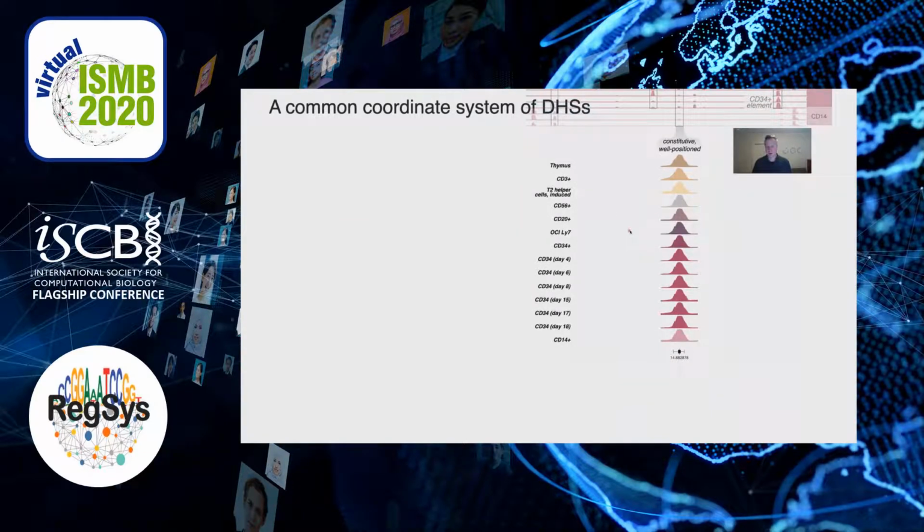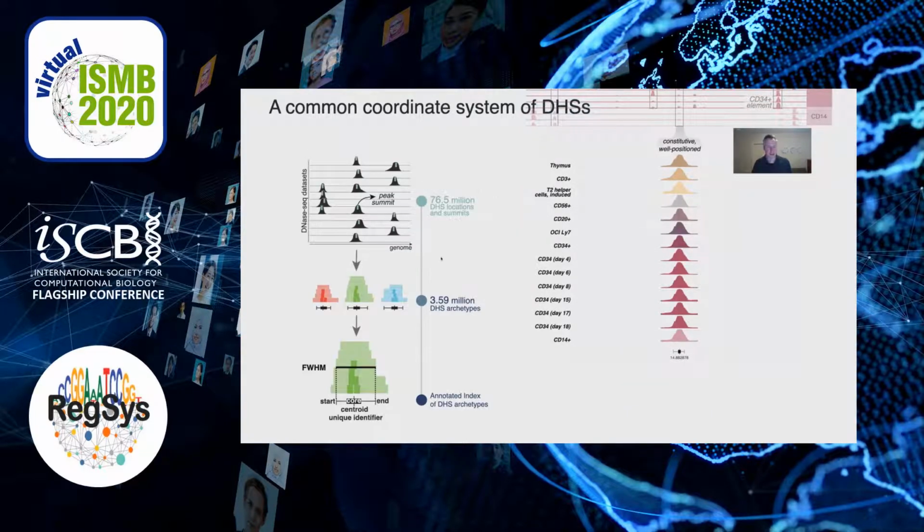And so we have developed a simple approach that basically starts off with more than 75 million DHS locations, so DHS peaks, and their summits across all data sets. We project these down onto the genomic axis to find regions of isolated chromatin accessibility, and then we delineate their start and end positions, as well as come up with an estimate of their centroid, or center of mass, and an indication of the positional variability of these elements.